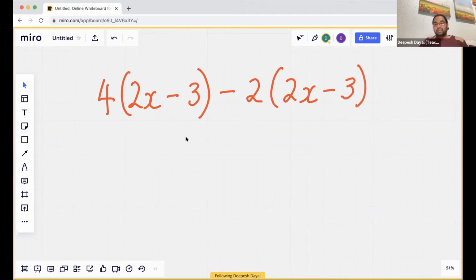Now be very, very careful with this because 4, you're going to times it by 2x, right? Just before you even do the rest of it, what is 4 times 2x? 8x. Good. So you know what to do with it. Okay, carry on with the rest and let's see what your final answer is.